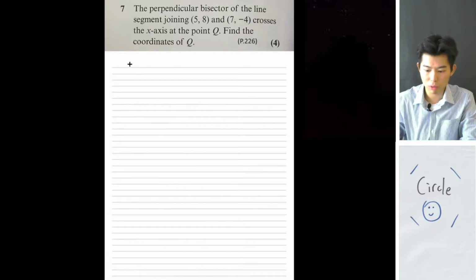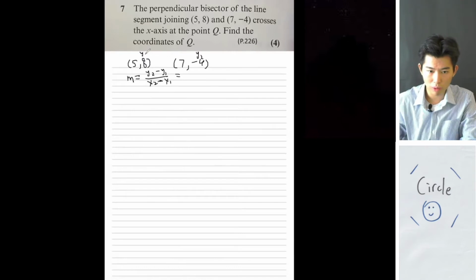Okay, so first things first, we have to know the gradient of these 2 points. And we all know that m is equal to y2 minus y1 over x2 minus x1, right? Let's assume this one is y2 and y1, x2 and x1.